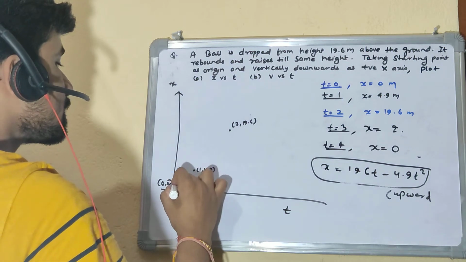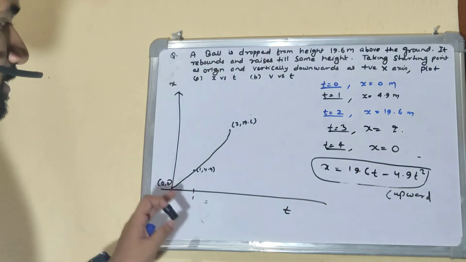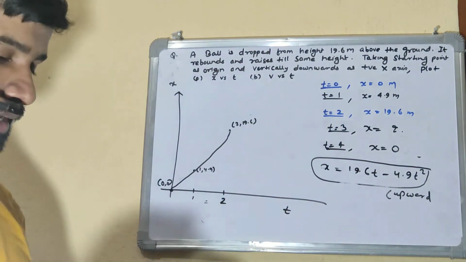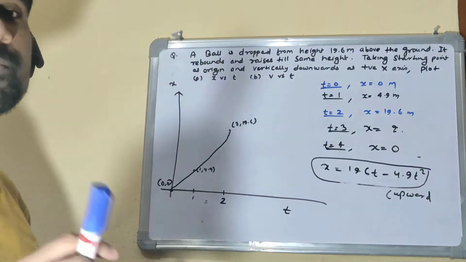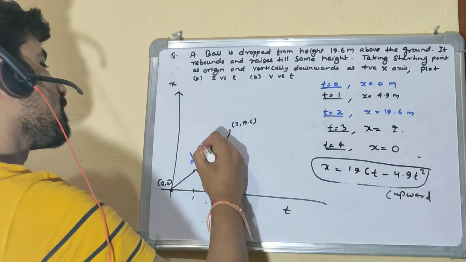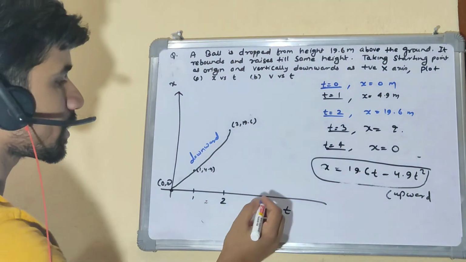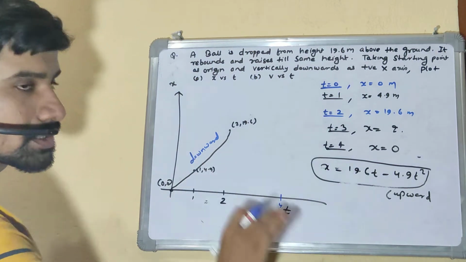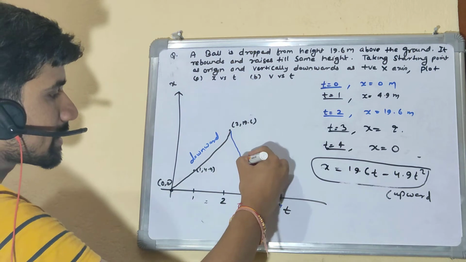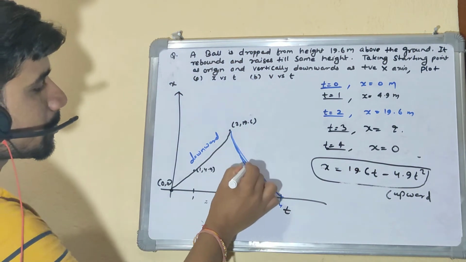This is how the journey looks for the downward motion. For the upward motion, at t equal to 4, it comes back to the 0th position. So the upward motion will look somewhat like a mirrored image of this, if I draw it properly.